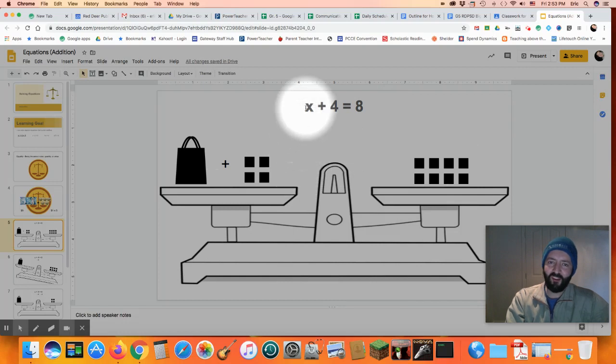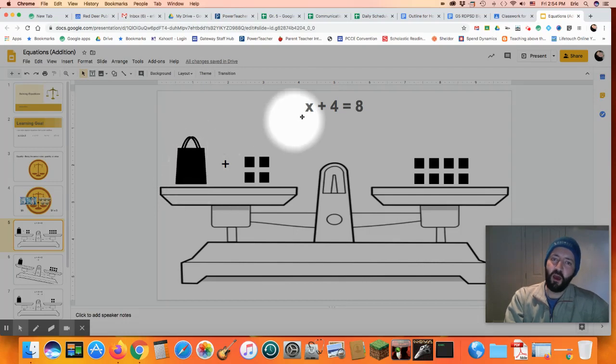Our x is our variable. It's a value that we don't know yet, but through solving this equation, we will be able to figure out what x equals. So I'm going to use a mystery bag to represent x, or my variable here, because we don't know what's in that bag yet, but we'll be able to figure it out pretty soon.